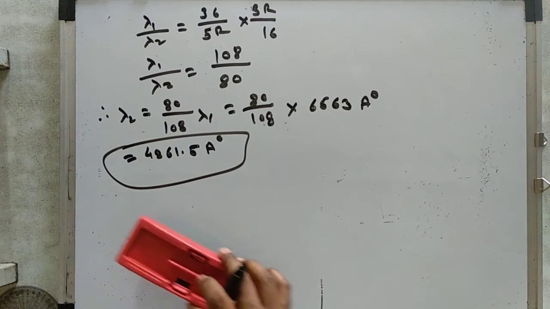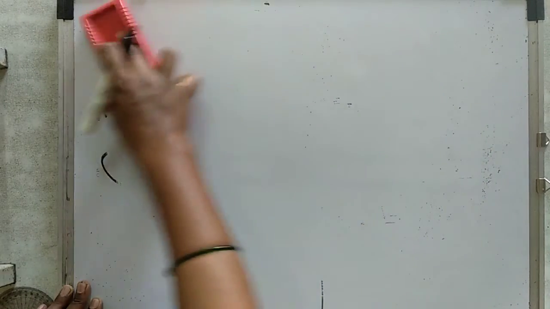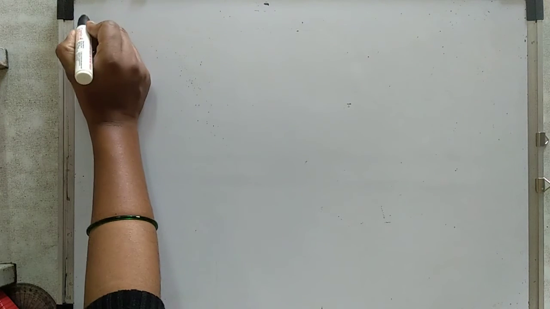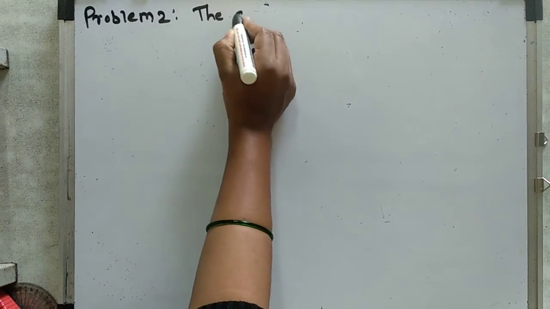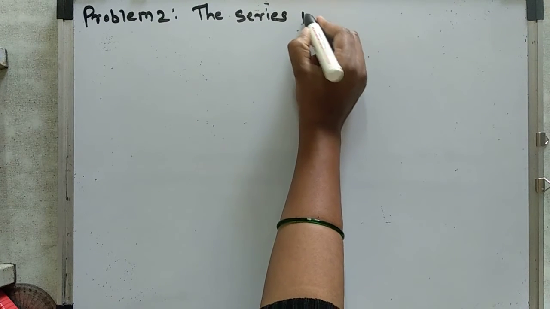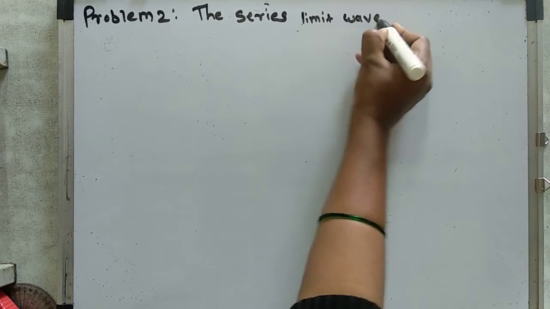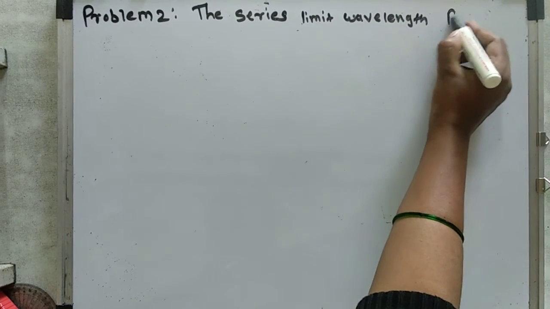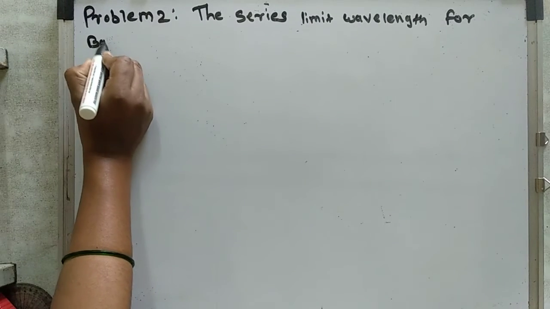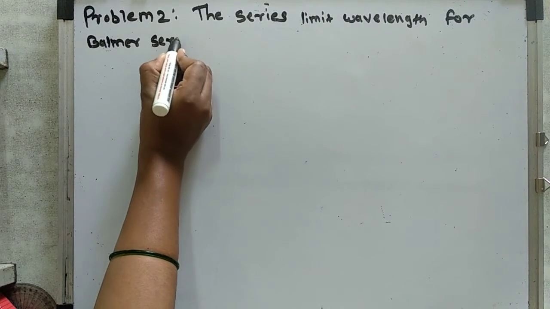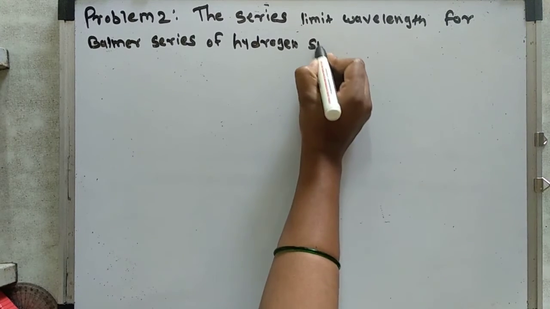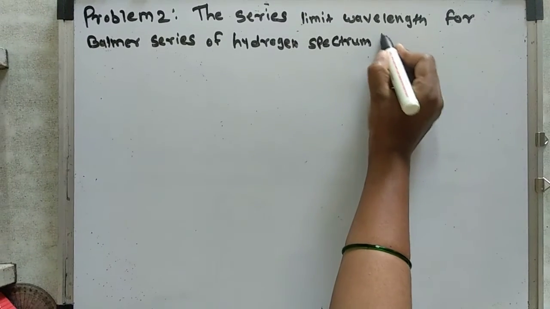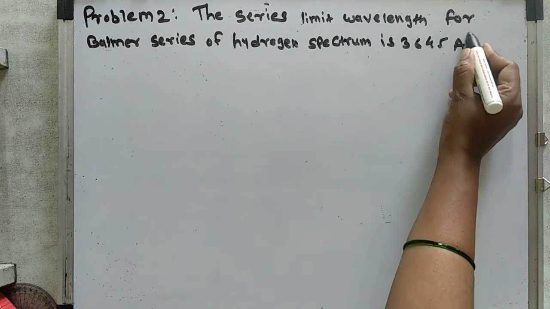Okay. Second problem. The series limit wavelength for Balmer series of hydrogen spectrum is 3645 angstrom.